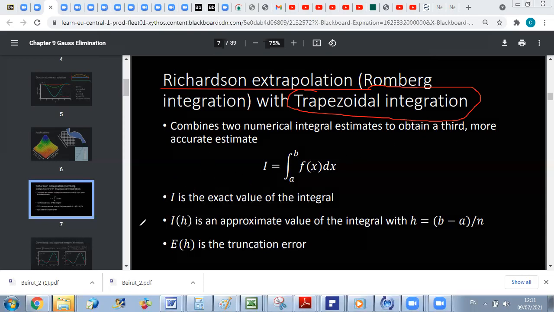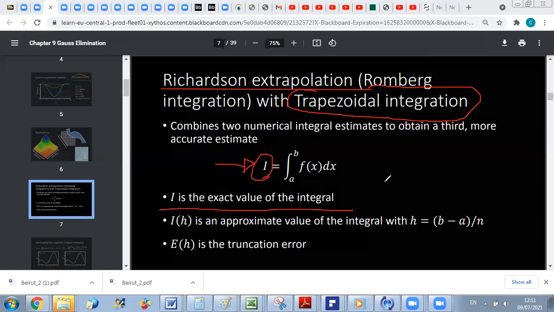We will demonstrate how. So first, let us say we are calculating the integral of a function between a and b of f(x) dx. And we know that the exact value of the integral can be computed, or if we don't know it, we will just set it equal to I. Now, to get an approximation of this I, let us say we are using the trapezoidal integration.